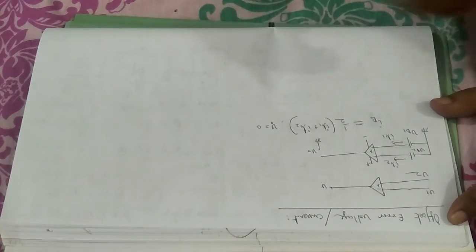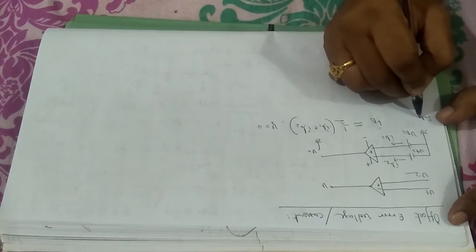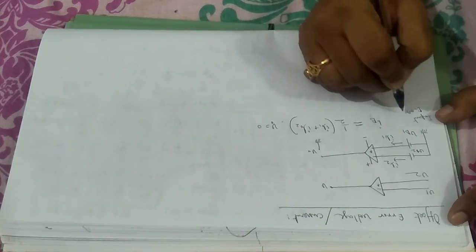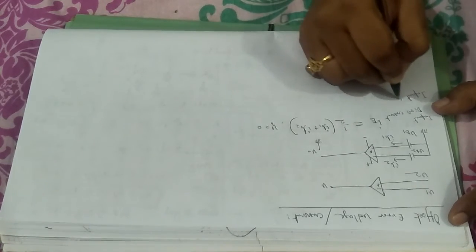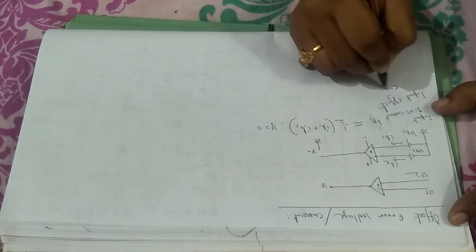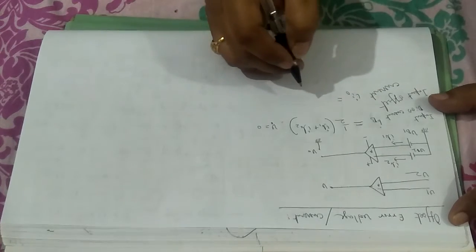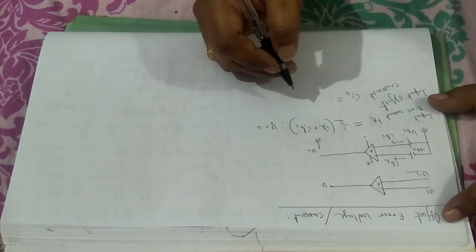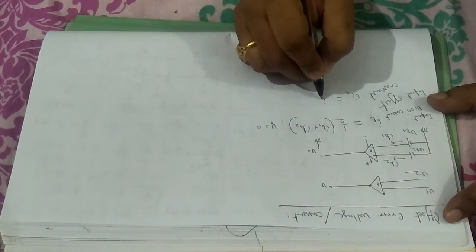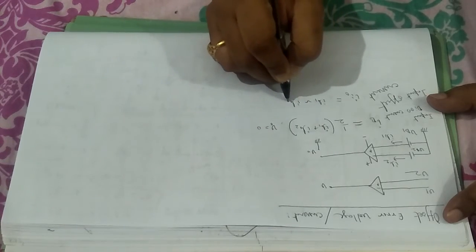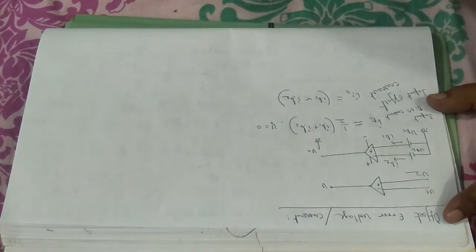And the input offset current is written as I0. This will be equal to the difference between the individual currents entering the input terminals in a balanced amplifier. That is, IB1 difference IB2. I am not writing minus, I am writing difference because of the definition.